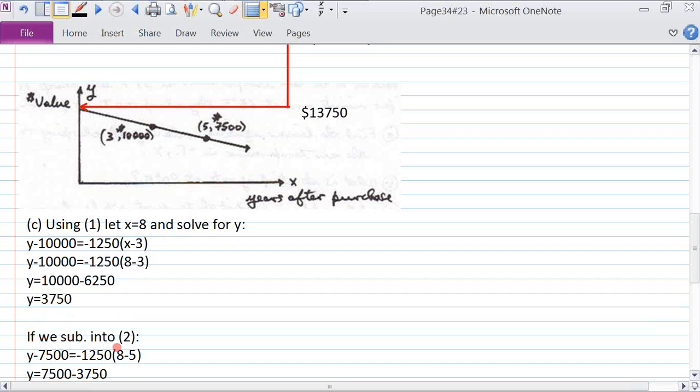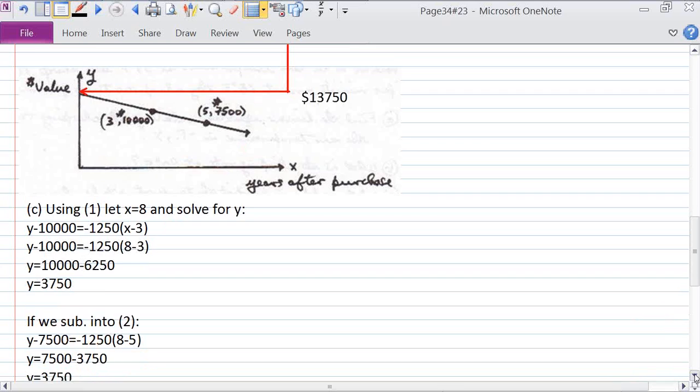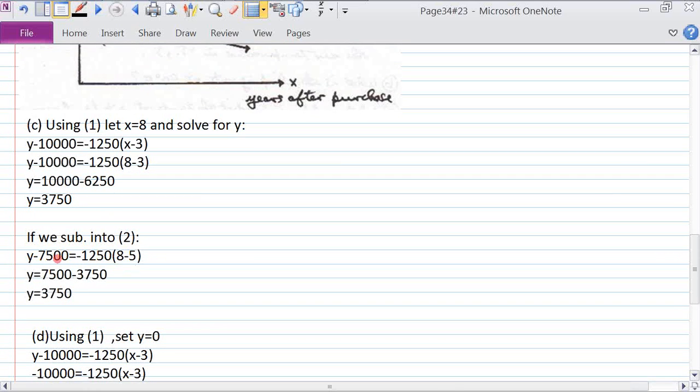We substitute into equation 2 and we do the same thing. We have y minus 7,500 equals minus 1250 times 8 minus 5. We get 7,500 when we transpose this to the right side.